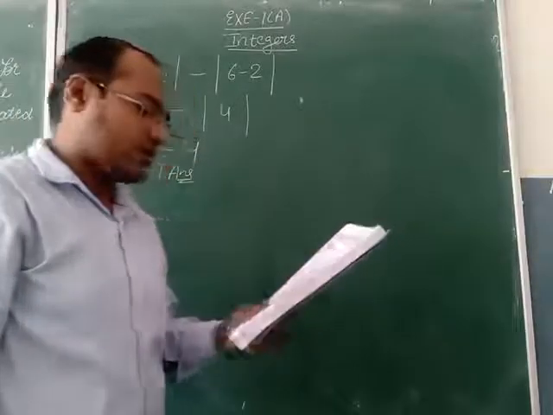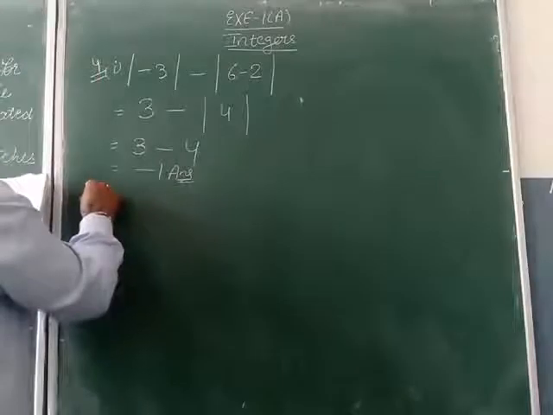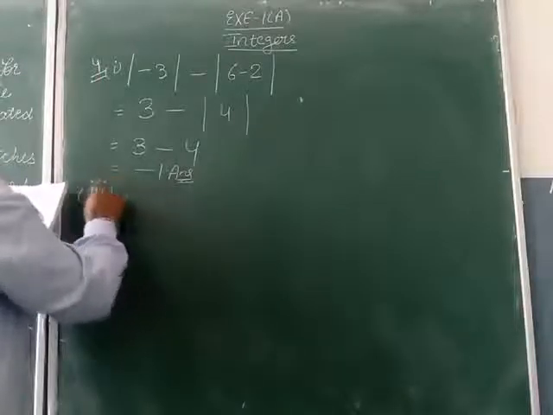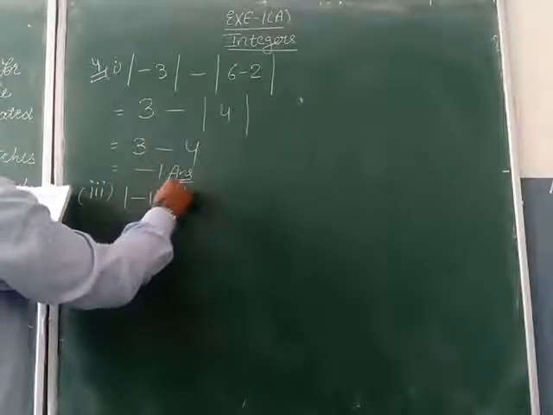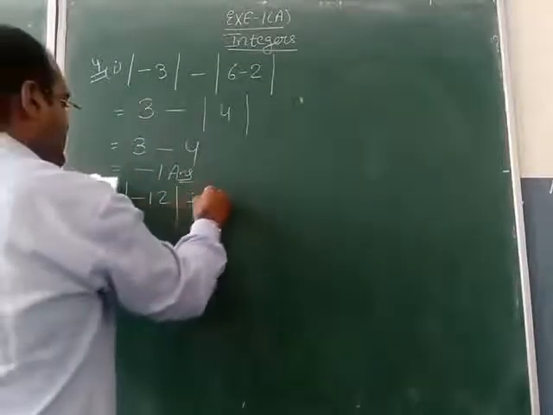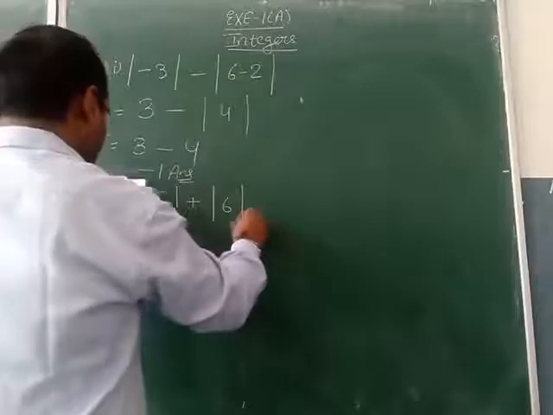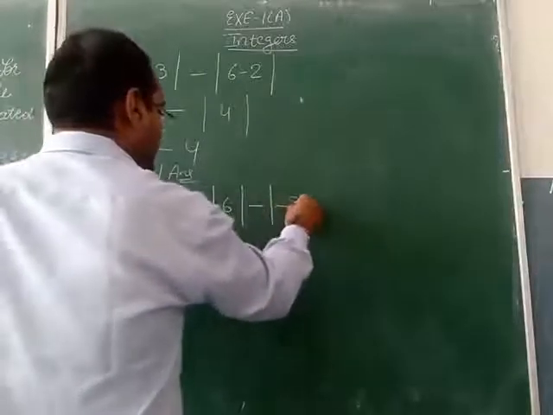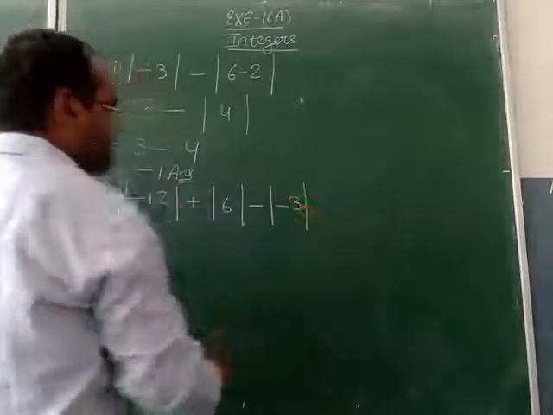Now part number 3. Minus 12, absolute of minus 12 plus absolute of 6 minus absolute of 3 minus 3. This is the question.